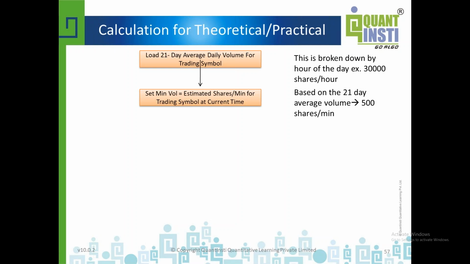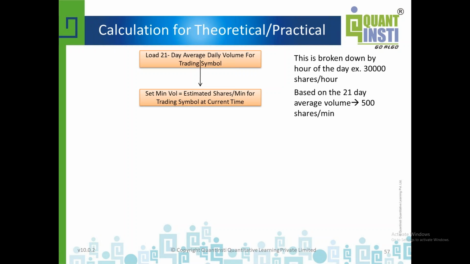Now, how will I know that this can be done during a day? Say he tells you to sell 10,000 shares of Microsoft, for example. You figure out the 21-day average volume for that particular stock.